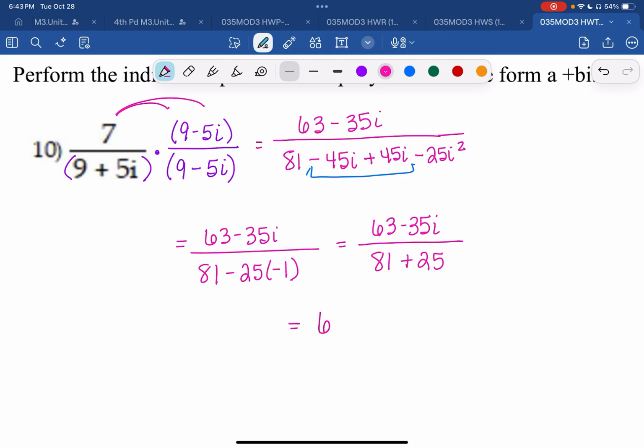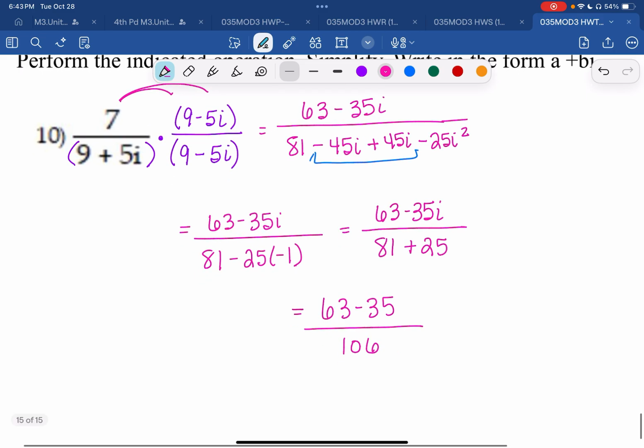So the final answer, I've got 63 minus 35i over 106. If I could simplify that, we would want to. And I forgot my i on my 35. There we go. That looks better.